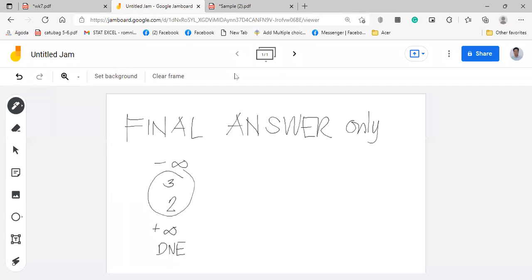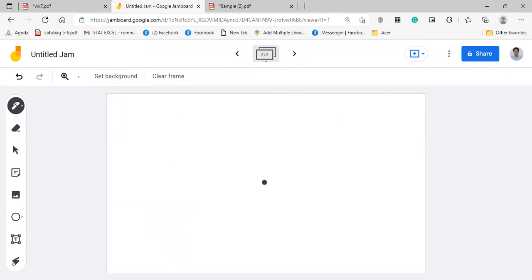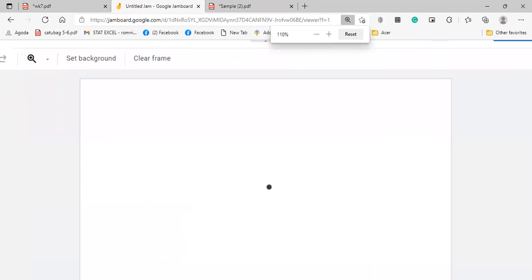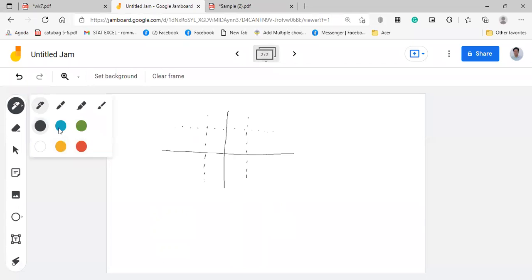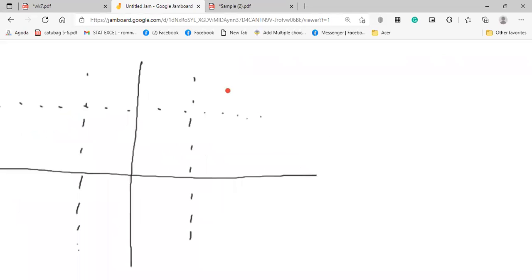So, halimbawa magbigay tayo ng graph. Let's say this is the graph. Ito yung imaginary vertical lines, imaginary horizontal lines, and then maglagay na ako ng graph. Let's say for example, ganito yung tsura ng graph.